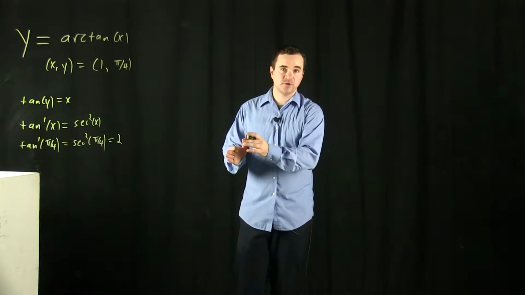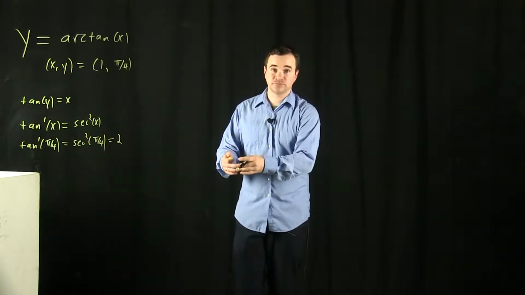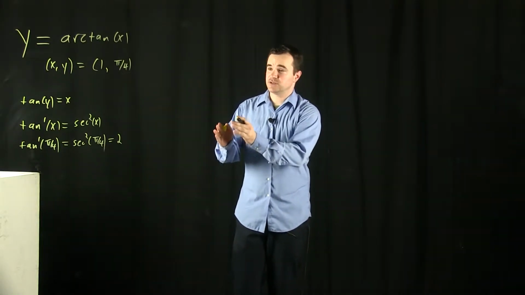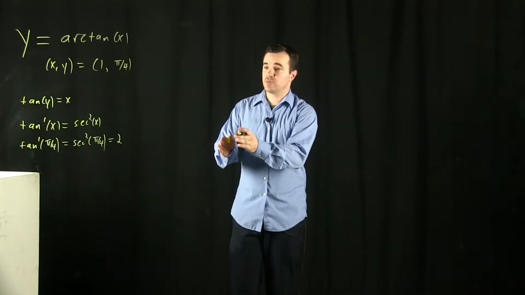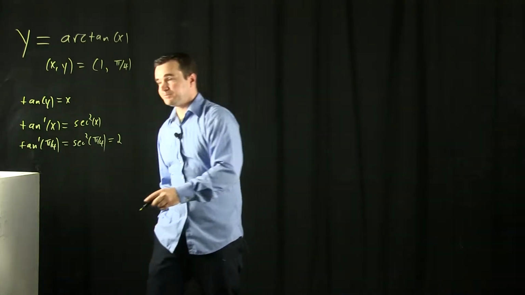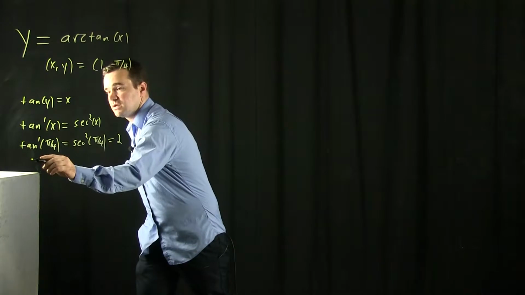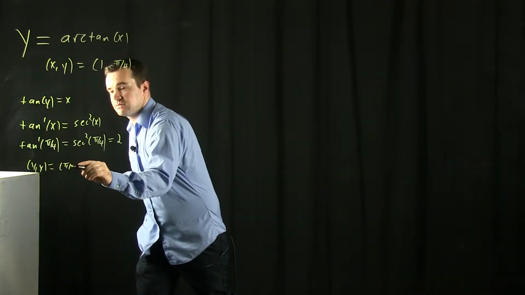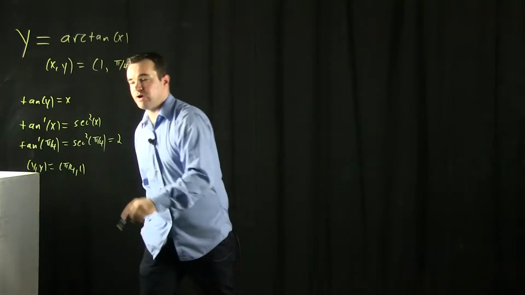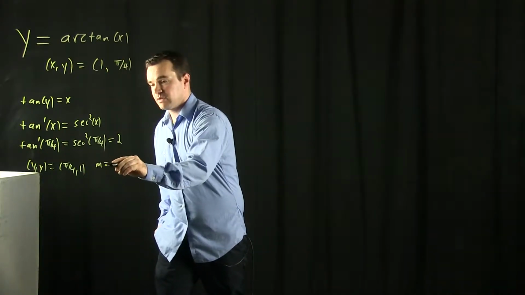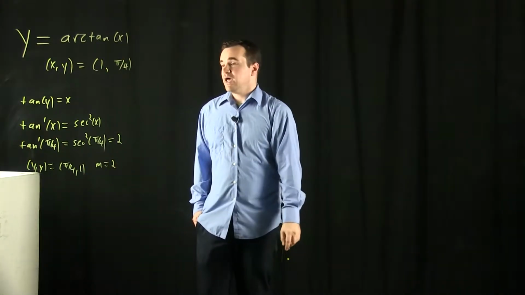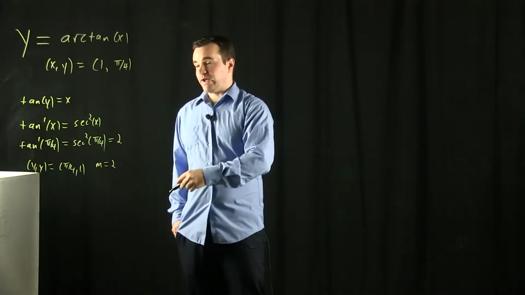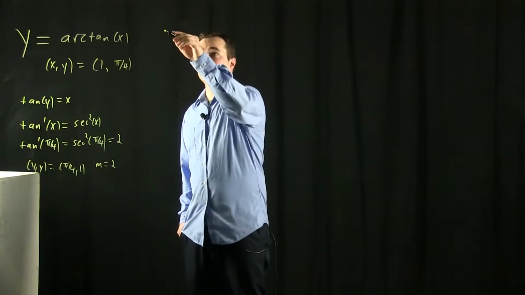So that tells me that the slope of the tangent line to the tangent function is equal to 2, and it goes through the point (pi over 4, 1). So I've got a point (x, y) equals (pi over 4, 1), and I've got a slope m equals 2. And I'll now write out the formula for that tangent line.